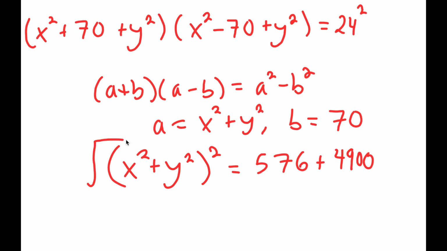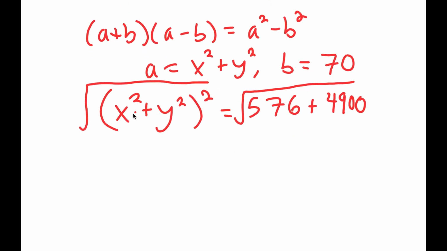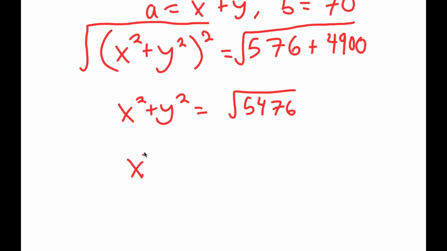And now if I take the square root on both sides, the square root of x squared plus y squared, squared, is just x squared plus y squared. And this is equal to the square root of 5,476. And the square root of 5,476 is equal to positive or negative 74.